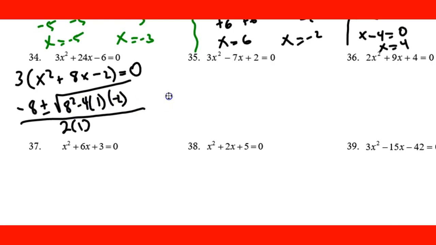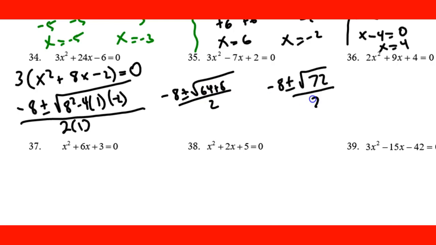So you have negative 8 plus or minus the square root of 64 plus 8, all over 2. And 64 plus 8 is 72. So you have negative 8 plus or minus the square root of 72 all over 2. Now we have to factor this.